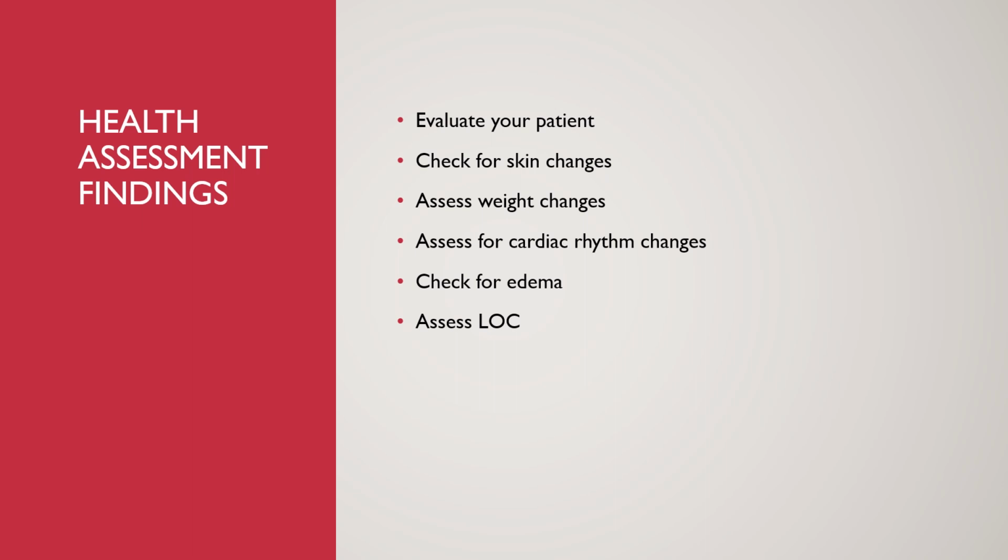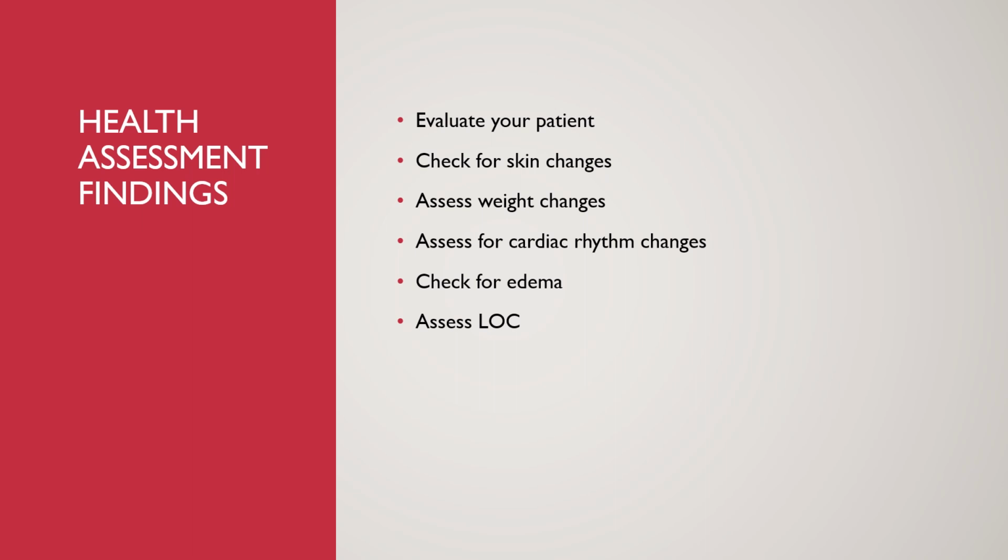Again, check for edema, and we're checking for edema in their hands, their feet. Also, don't be afraid to check the abdomen, because they could have changes in the abdomen, periorbital areas. Also, check and assess their level of consciousness. So in the later stages or later crisis of hypothyroidism, you notice that they have disorientation.